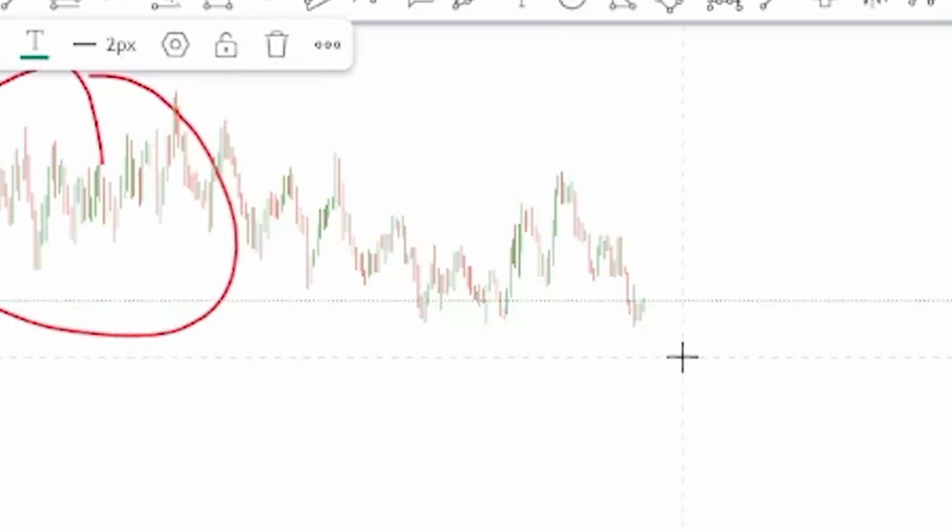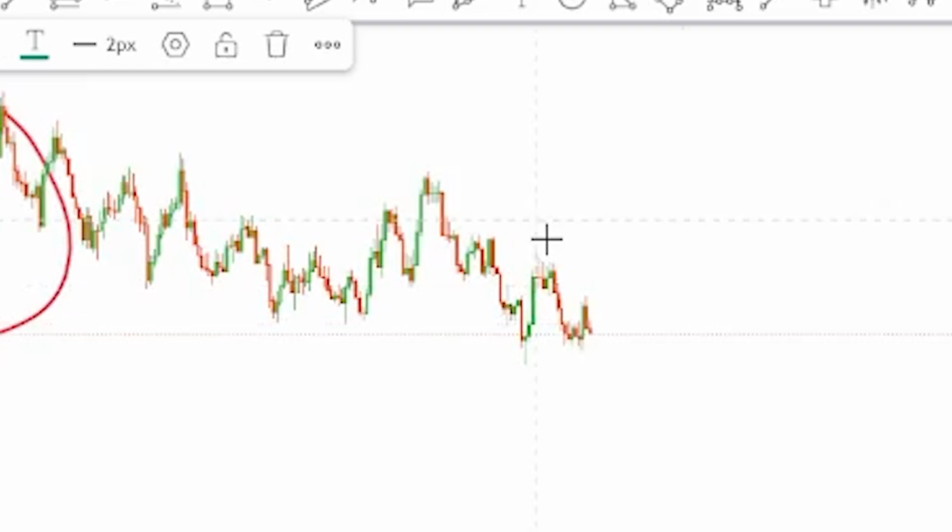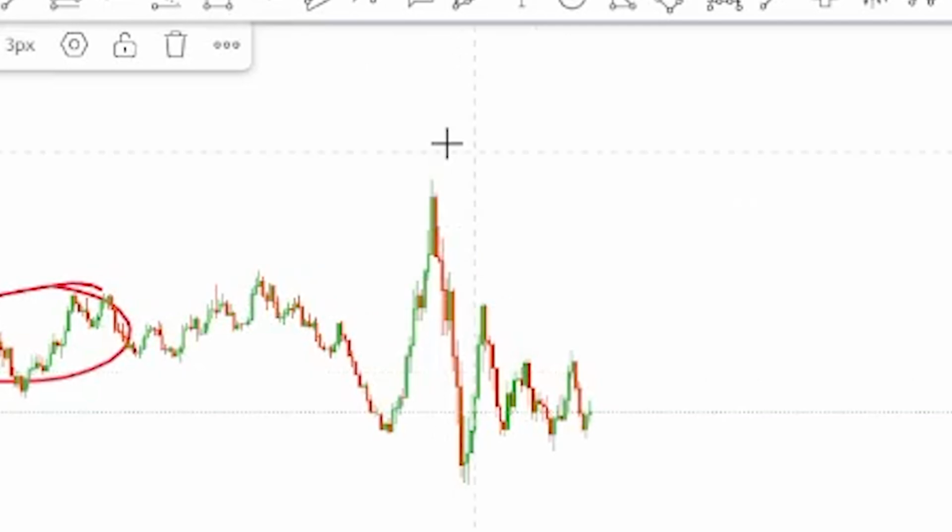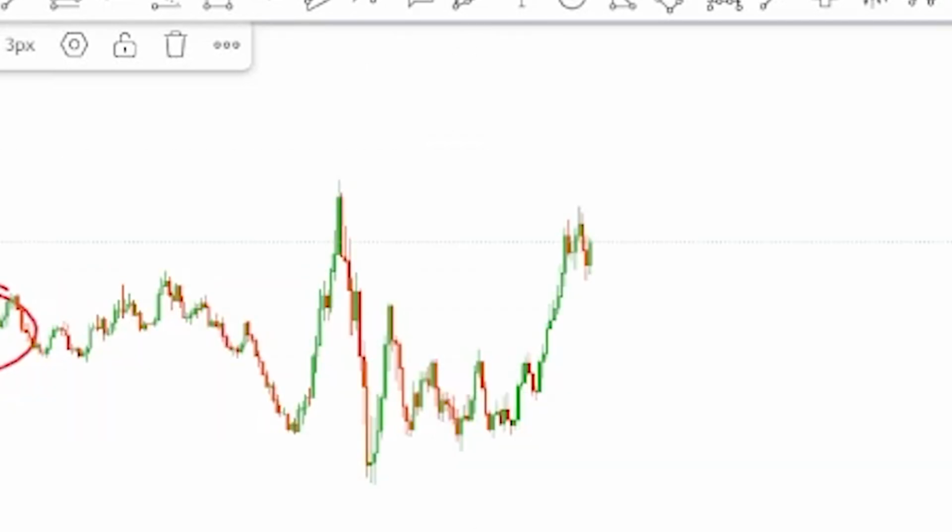We are trying to reject by forming those continuation chart patterns. Can we get to our target? I think we finally get to our target. You can see that we got our target from this area.